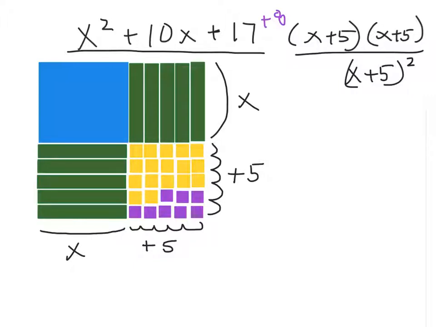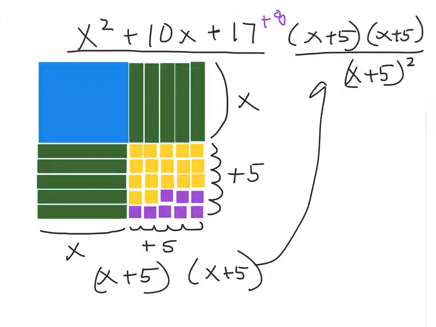So our width is x plus 5, and our length, or our height, is also x plus 5. And so we get the exact same thing had we factored this whole equation. And so we can see that it's a binomial perfect square, or it's a perfect binomial square, excuse me.